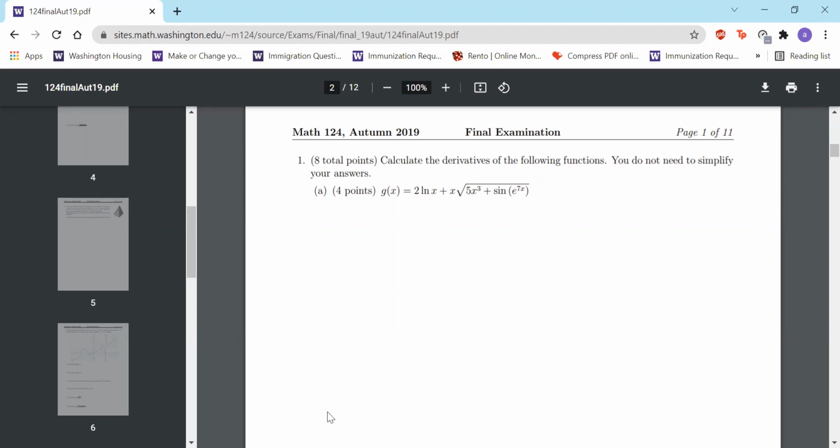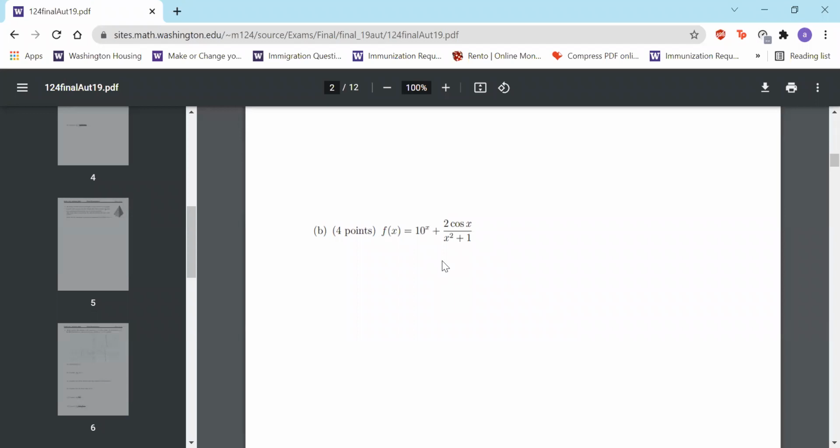Okay, so for part 1B, it's the same exam, autumn 2019, winter 24, final exam. So we have f of x equal to 10 to the power x, 2 cosine of x over x squared plus 1. For this one, we can just do logarithm differentiation.